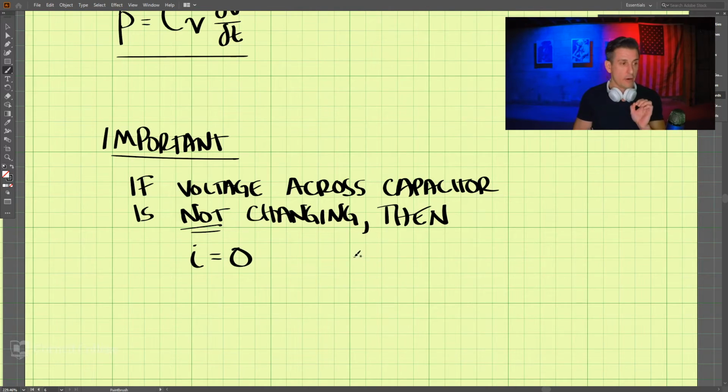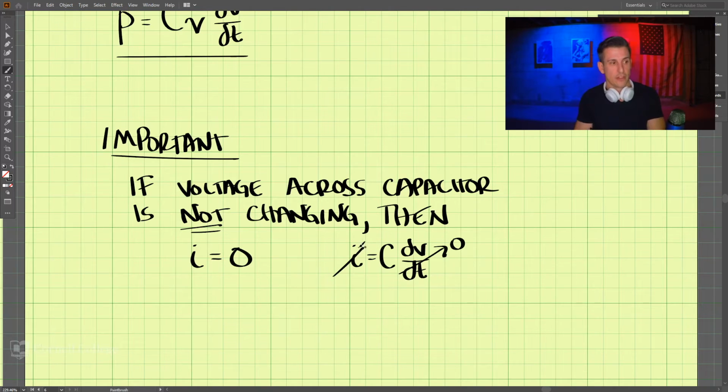If you remember that I is equal to C dV dt, if the voltage is not changing, this is 0, and that means the current must be 0. So if the voltage across the capacitor is not changing, then the current must be 0. That's important to know.